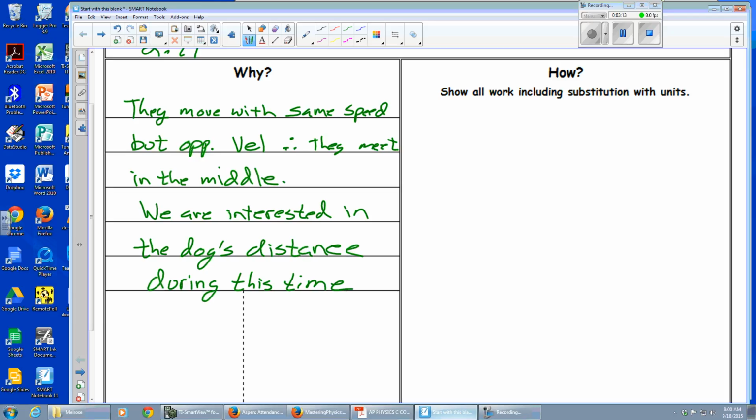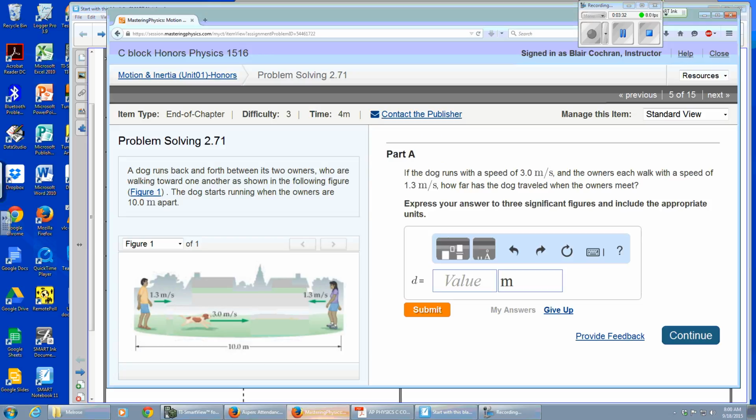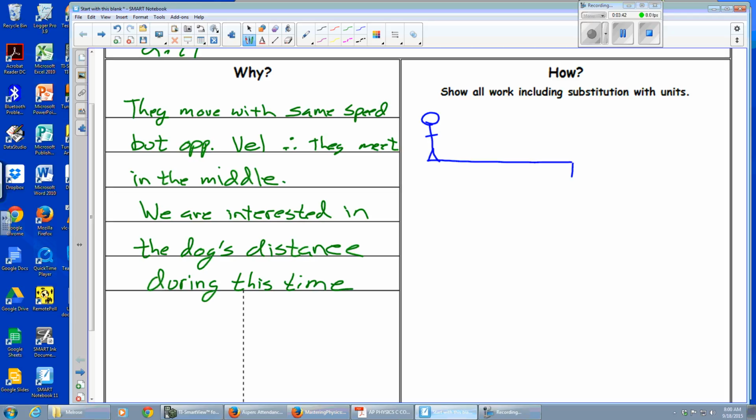So I'm going to draw myself a little picture, but I'm only going to draw it halfway, because my dog is running back and forth for a certain amount of time, and in that same time, the guy on the left has moved from what I'm going to call 0 meters to 5 meters. He's moving this way at 1.3 meters per second.